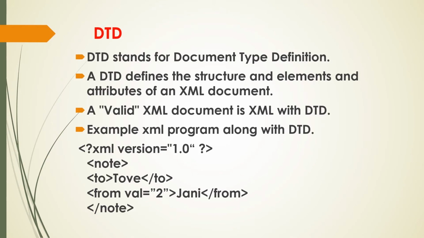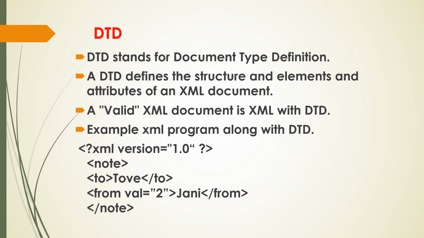An example XML program along with DTD is as follows. Every XML program starts with <?xml version="1.0"?>. Here, note is the root tag. Note contains two subtags, to and from.